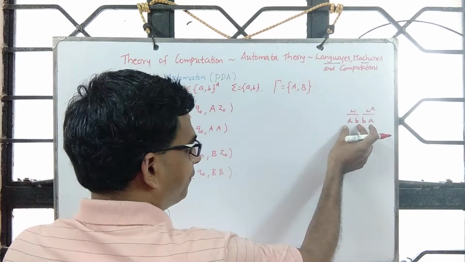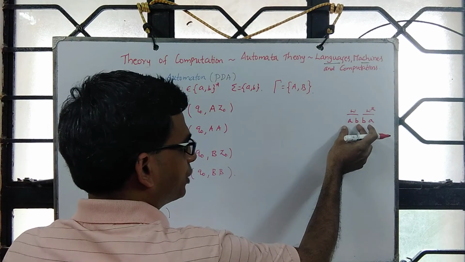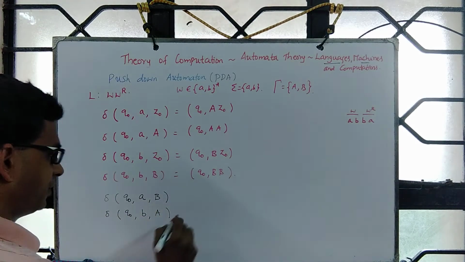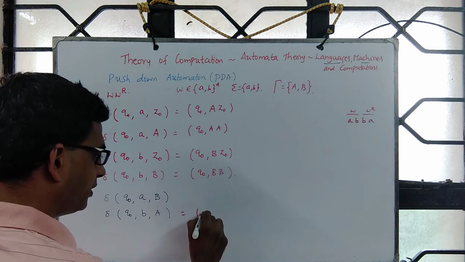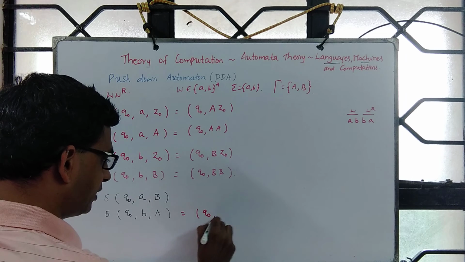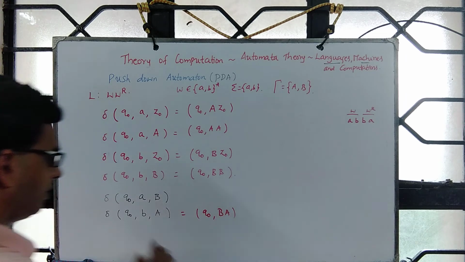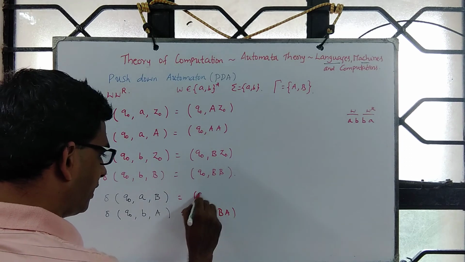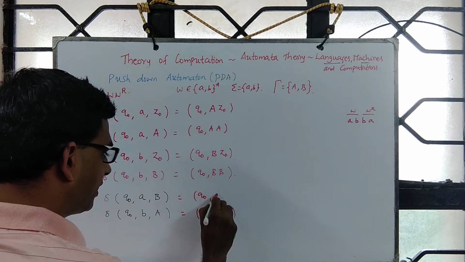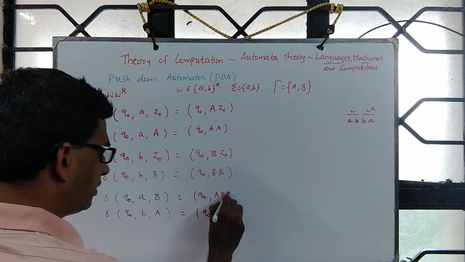If you are part of W, then it is push, correct? So assuming we are proceeding in the push direction, this becomes Q naught comma B, A. For this B I push capital B. On similar lines, Q naught comma A, I push capital A on this.